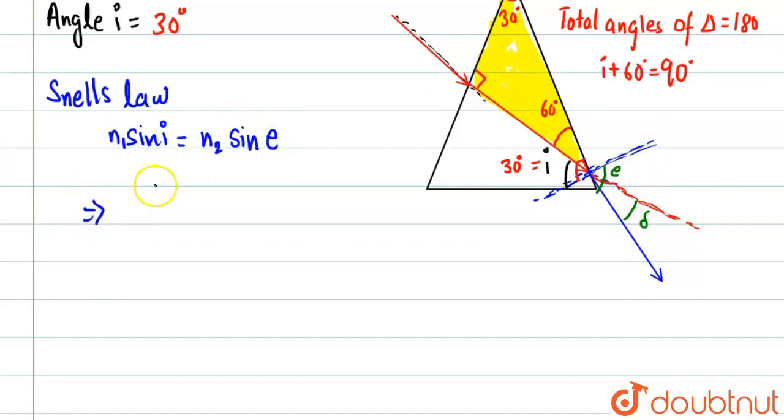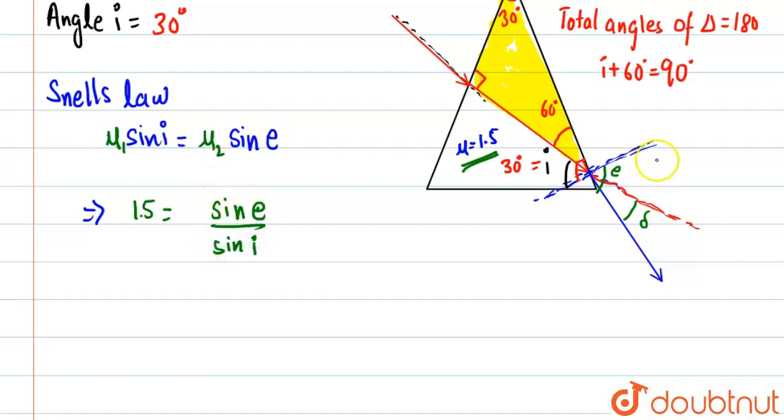N1, that is mu1, the refractive index of the incident medium, is 1.5. So I'll take it to that side: sine E divided by sine I equals mu1 by mu2, and mu2 is 1, because mu of air is equal to 1.